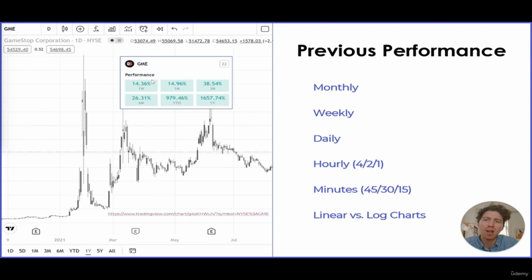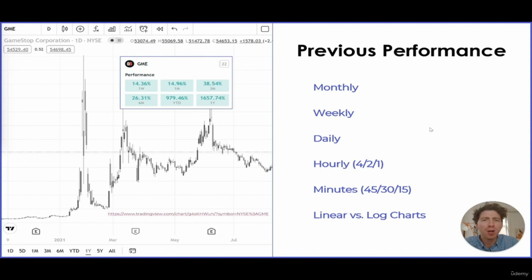So always have a look at how a certain asset was performing on a monthly basis, weekly, daily, hourly if you are into trading, so you can avoid jumping on the boat too late and getting wiped out by the market.